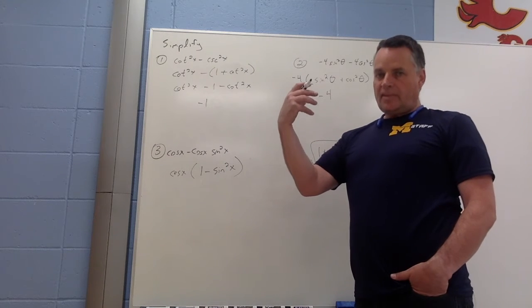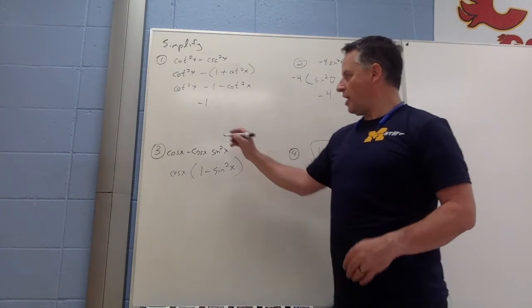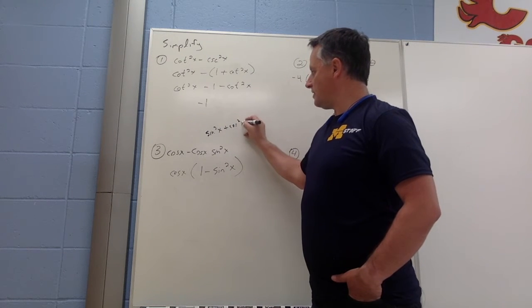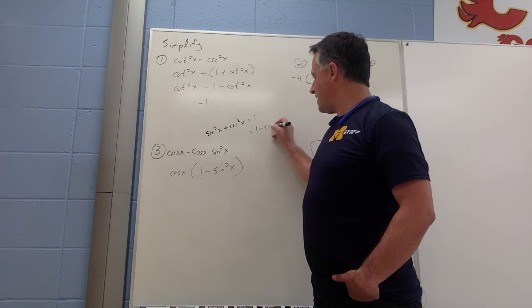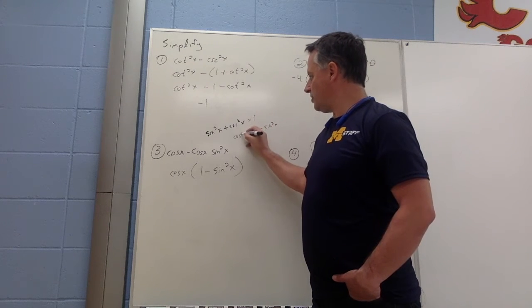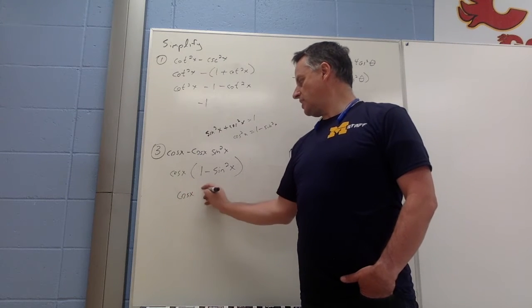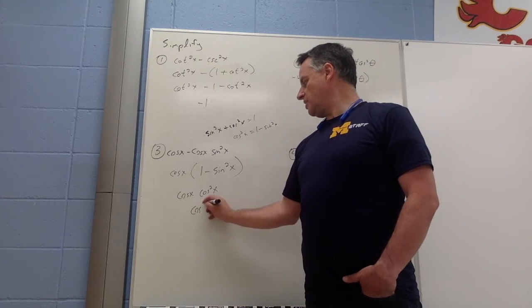Well, since sine squared plus cos squared is equal to 1, then that means that 1 minus sine squared is actually equal to cos squared. And so we're going to make use of that here and say this is cos x times cos squared x, and that gives me cosine cubed.